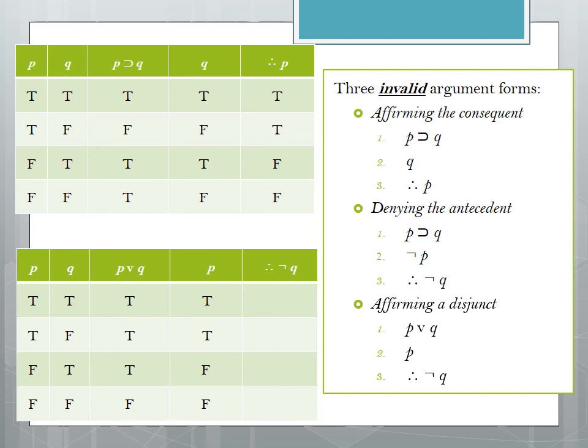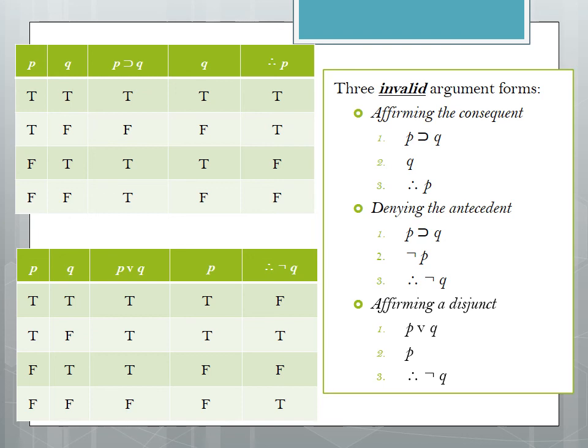The conclusion to affirming a disjunct is the denial of the other disjunct, which in this case is the second disjunct Q. So we need to pay attention to the Q column when filling out the column for the conclusion. When Q is true, not Q is false. When Q is false, not Q is true. So when we finish out the final column in our truth table, it looks like this.